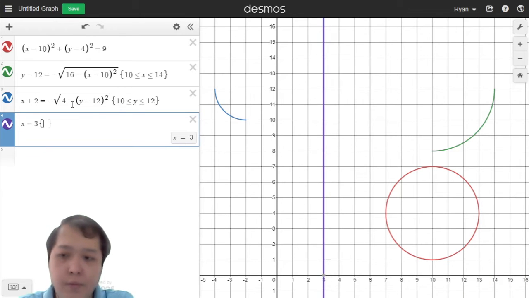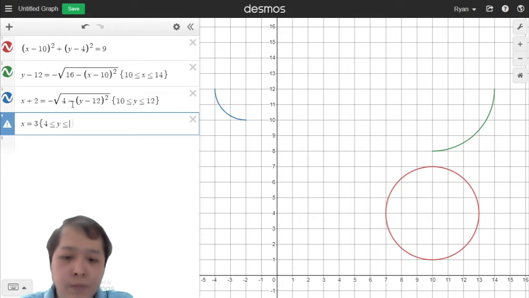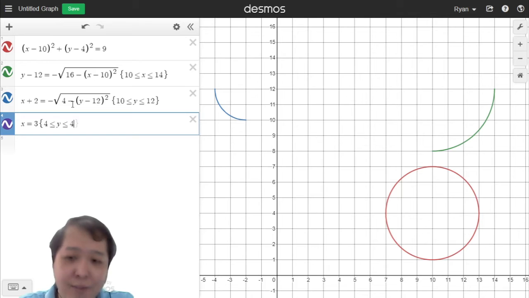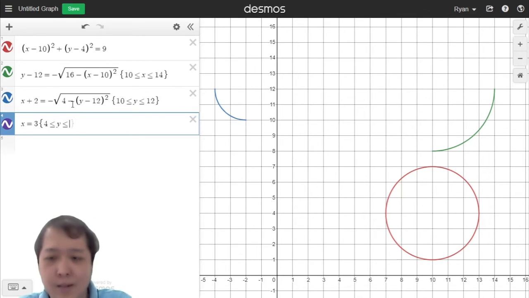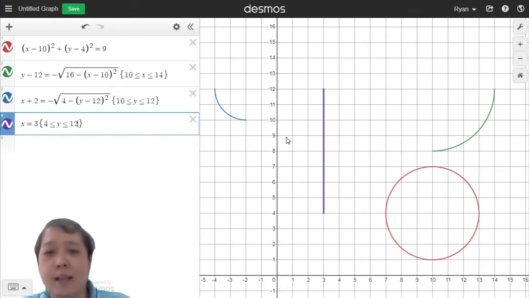Say 4 to y equal to 6, 7, 8, 5, but not 4, it's going to be just an invisible point. Wrong, typo again. Okay, 8 or something, right? That's it. Pretty simple for the straight line.